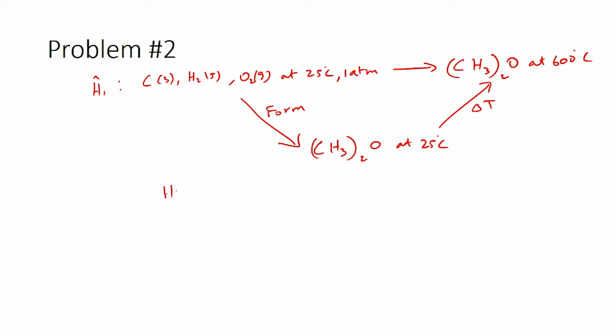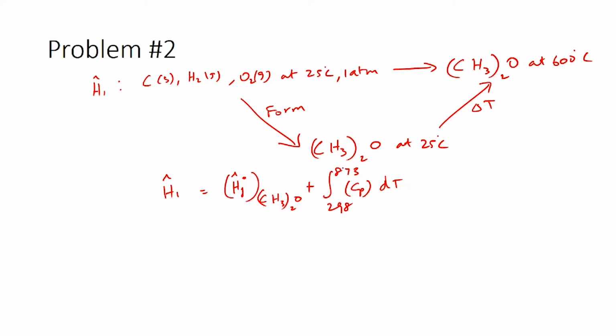So, this means H1 cap would be equal to the standard heat of formation for dimethyl ether plus integral 298 to 873 Cp of dimethyl ether dT. So, I am using 298 and 873 because the Cp value which has been given to us in the problem stated that the temperature used in the Cp value is in Kelvin.